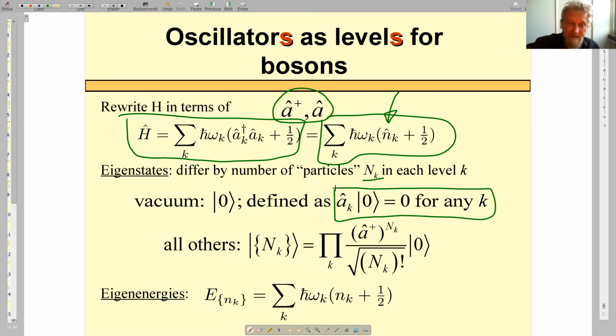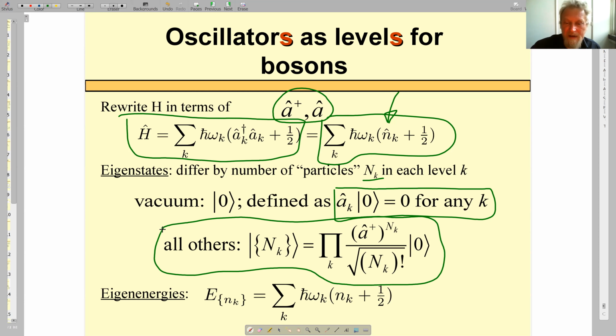Fine. All other states we can obtain in this way. Luckily, the operators a† creation operators do commute. So it doesn't matter in which sequence we create the particles. We only care about their total numbers. A particle with index K is repeated n_K times.